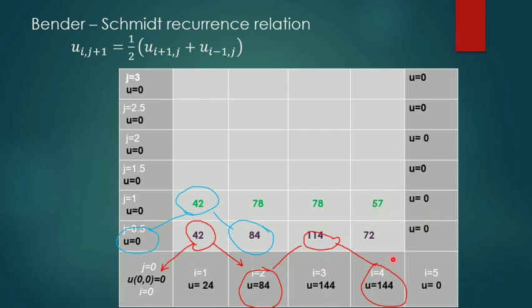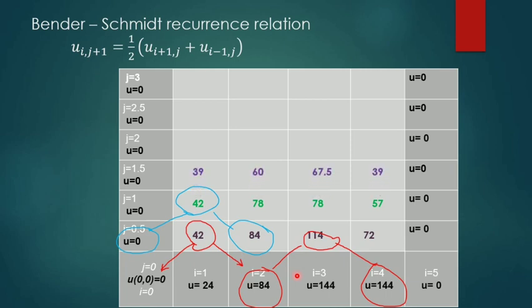So it's a simple formula, but you have to remember what value of k should be taken so that lambda is equal to 1 by 2. From the values of u at j equal to 1, you use these values to find the value of u when j is equal to 1.5.